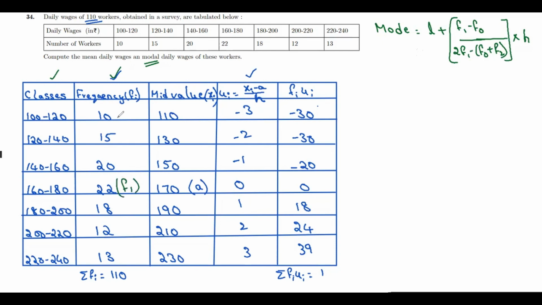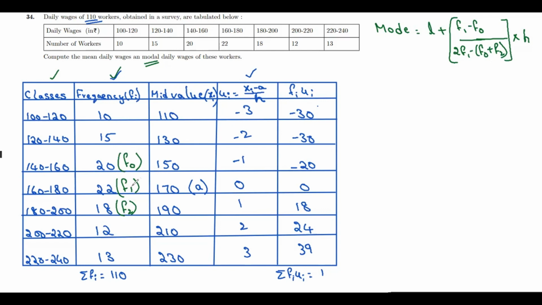Remember, the greatest value in the frequency column is F1. Above that, irrespective of the value, is F0, and below that is F2. Remember that only F1 has a condition.